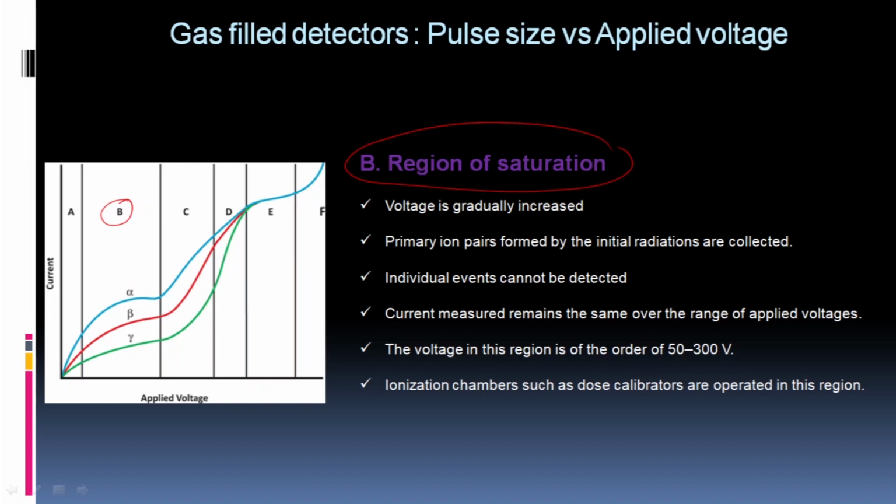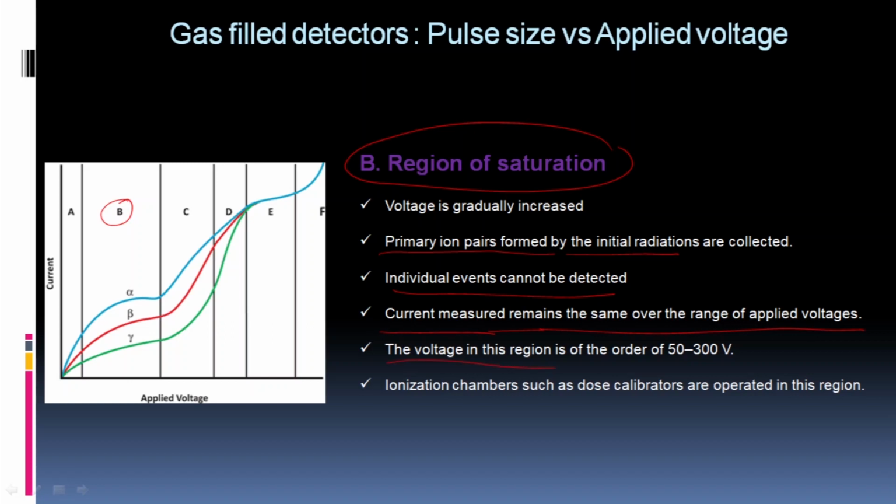If we increase the voltage, the primary ion pairs formed by the initial radiation are collected by the electrodes, and individual events cannot be detected, but we get a measured current which remains the same over the range of applied voltage. You can see there is not much change with changes of voltage. So this region is known as the region of saturation.